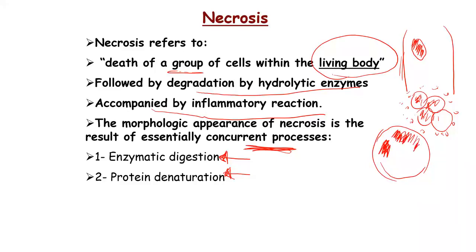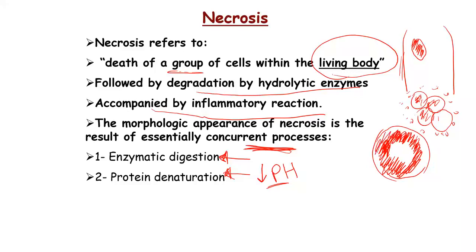Protein denaturation means that the proteins present in the cytoplasm, including the enzymes, become denatured, coagulated and hard. This occurs due to the effect of acidity.